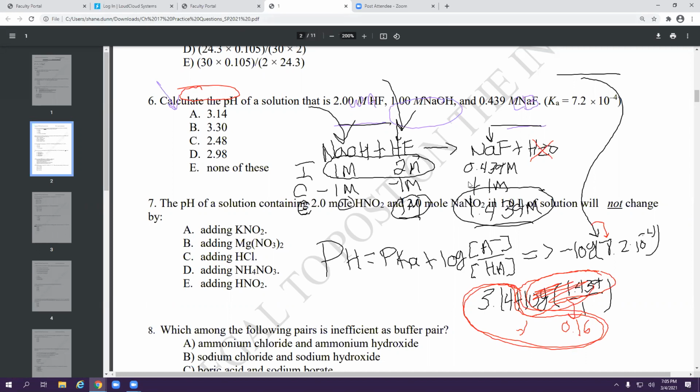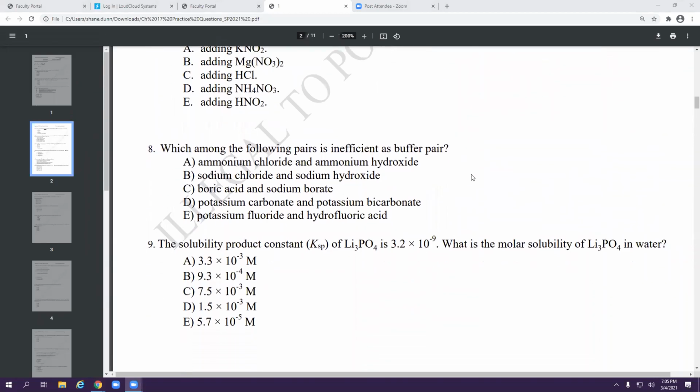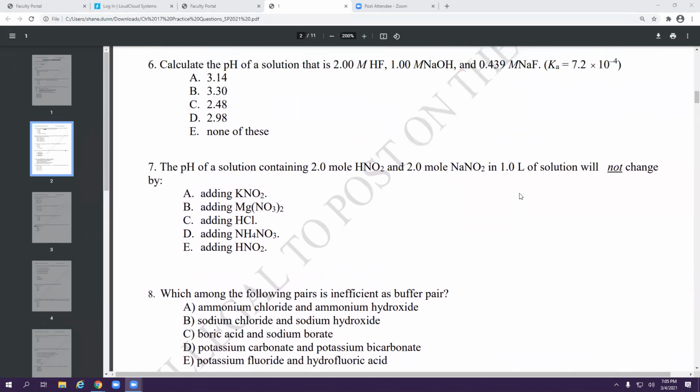Okay. So again, what makes a buffer? Oh, I messed up one. Oh, sorry, 7, there we go. The pH of the following solution, which is HNO2. What is that guy? Strong or weak? Okay, strong.